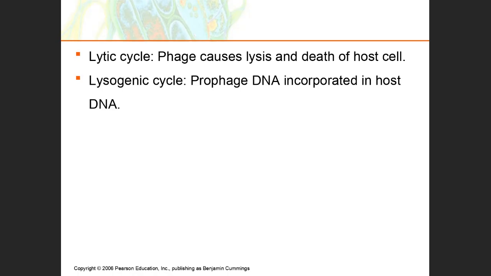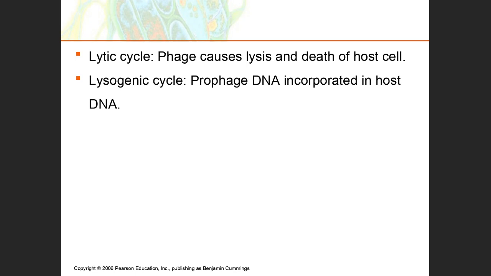So in lysogeny, the virus, when it infects the bacterial cell, will go dormant. The lysogenic life cycle allows the bacterial host cell to survive. What actually happens is the viral DNA gets incorporated into the bacterial chromosome.